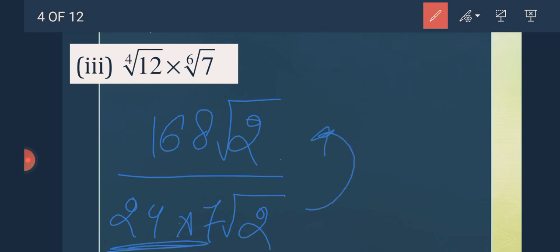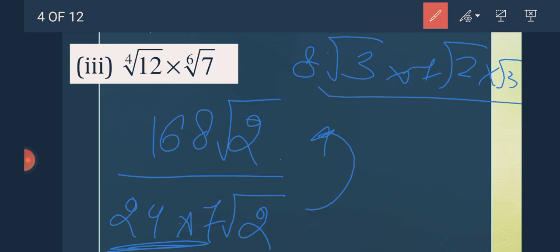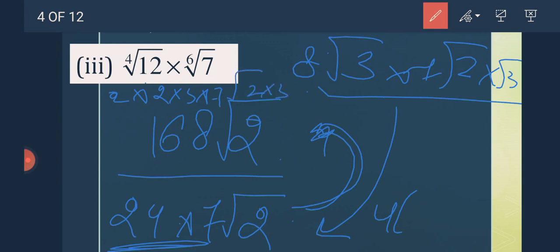And if you want, I will write one more thing because I have rubbed it: 8 root 3 into 7 root 2 into root 3. When we solve this, we get this. And if I write the first thing also, we only have to simplify it as 2 into 2 into 3 into 7, and then root 2 into 3. So this is very simple.